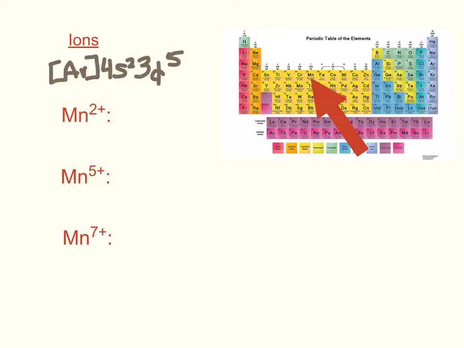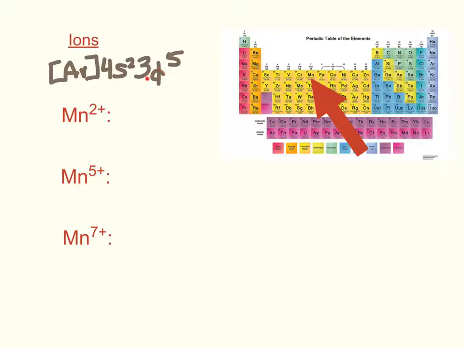All right, so we've got a couple options here when it comes to removing electrons. We have a d5, which is half filled. It's not bad. It's not perfect. We have a 4s2, which is certainly completely filled, so it's better than half. This isn't the worst thing in the world, but we do have to be strategic about what we take off here. So I've got a +2 ion that I need to make.